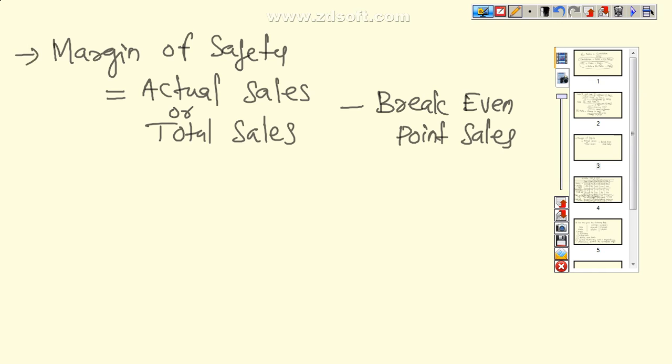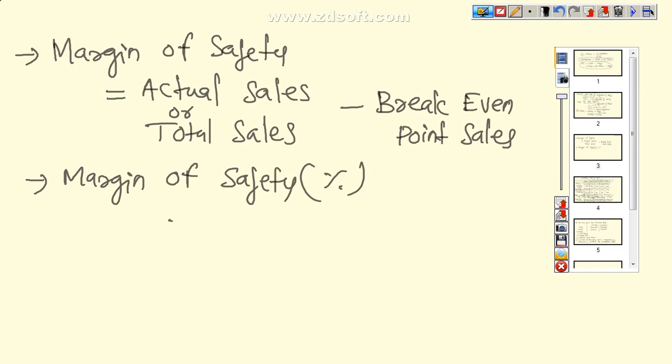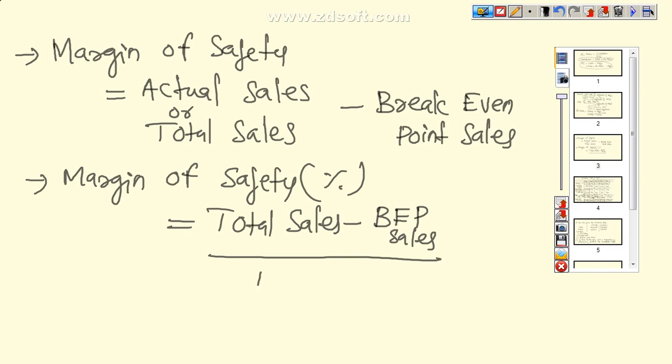Now sometimes we have to calculate margin of safety as a percentage. There we apply this formula: total sale minus break even point sale upon total sale into 100. So margin of safety percentage is equal to total sale minus break even point sale upon total sales into 100.